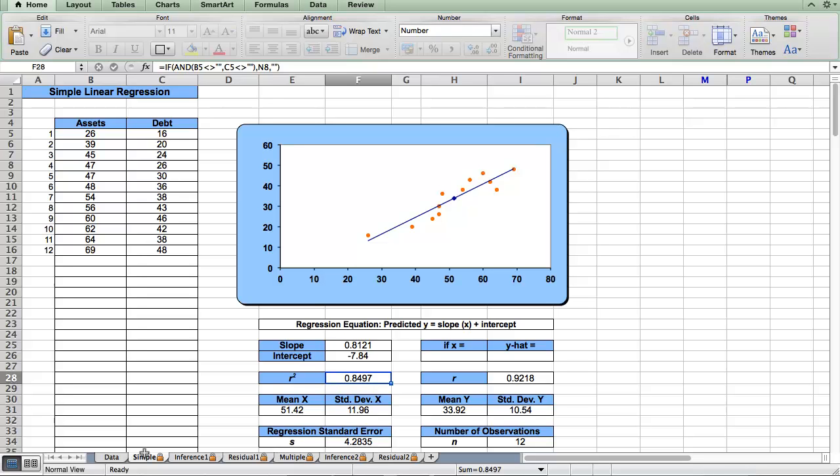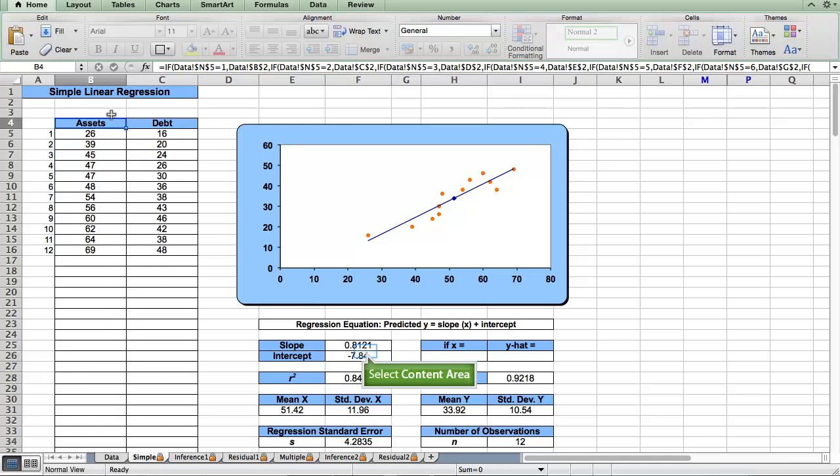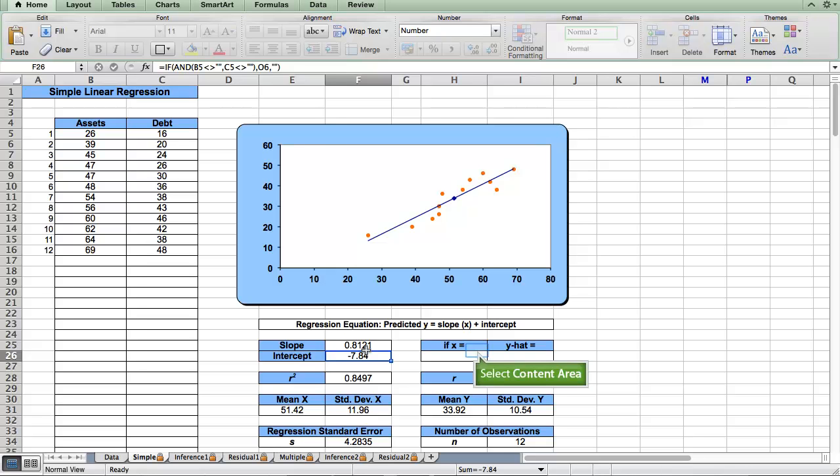So we will see this relationship between assets and long-term debt. Because it's a true relationship, we can use this linear regression equation, y hat equals 0.8121 times client assets minus 7.84.